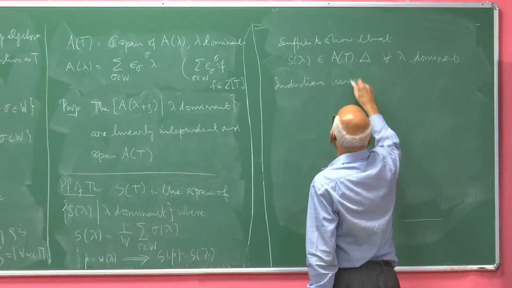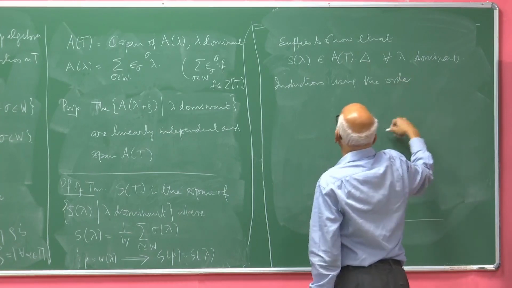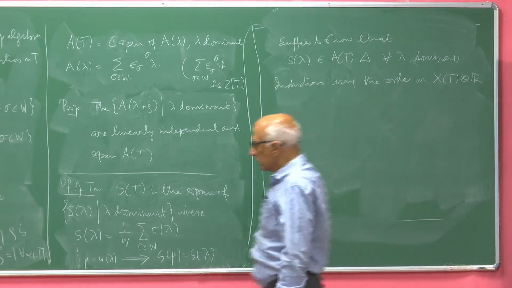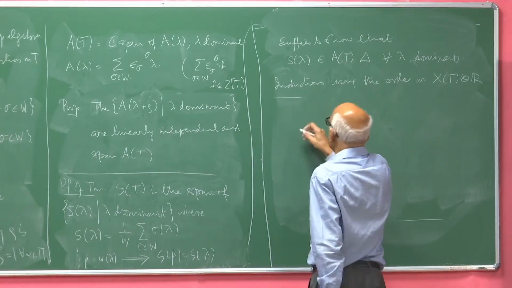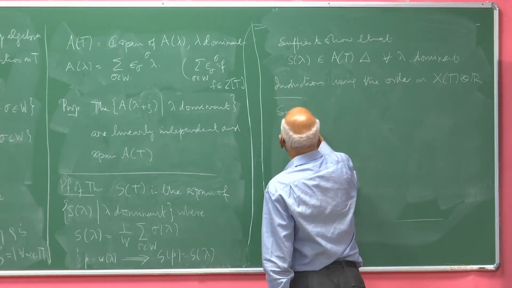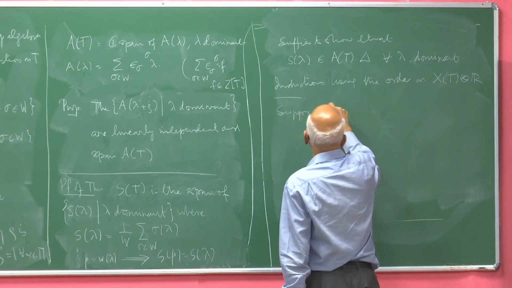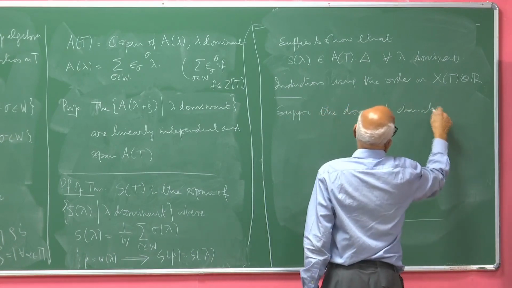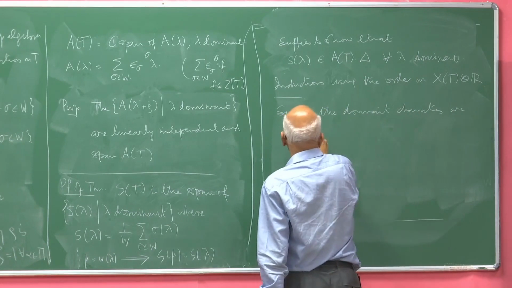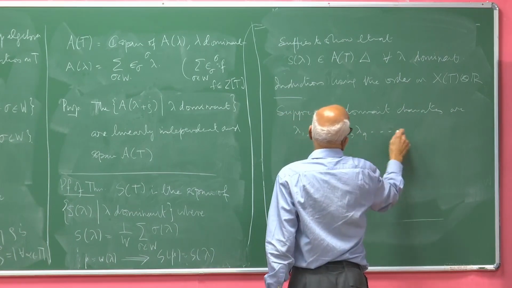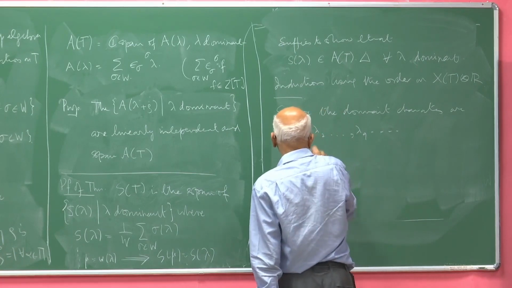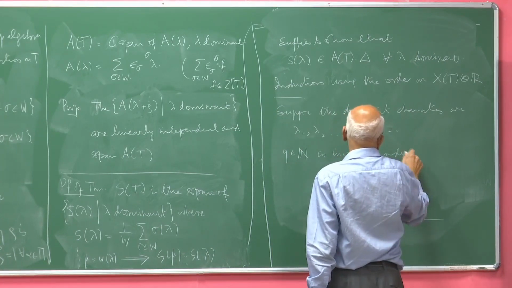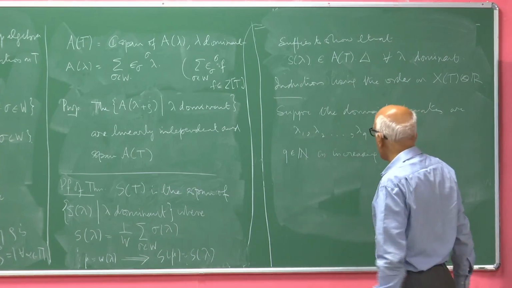Using the order on xt. So, what happens is, fix a, suppose you write the dominant characters as lambda 1, lambda 2, up to lambda q in increasing order, increasing in the lexicographic order.